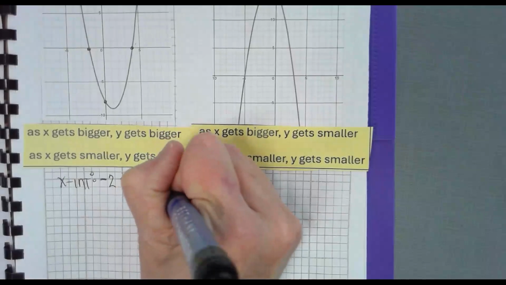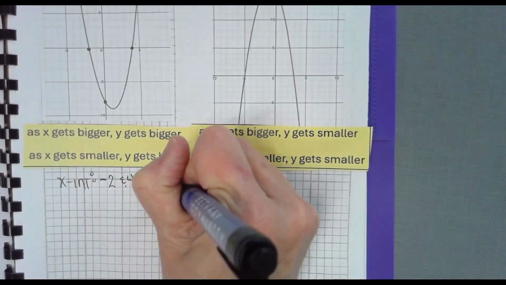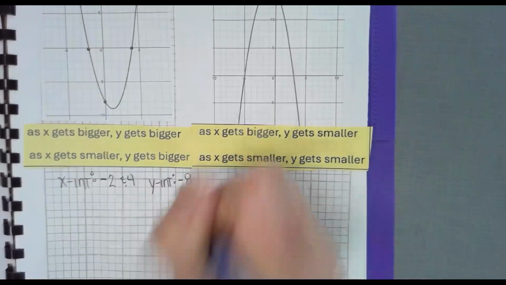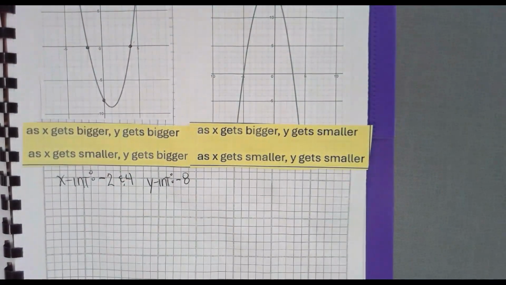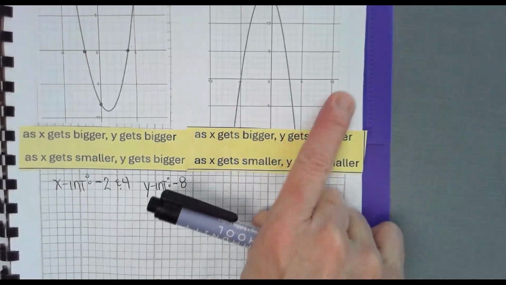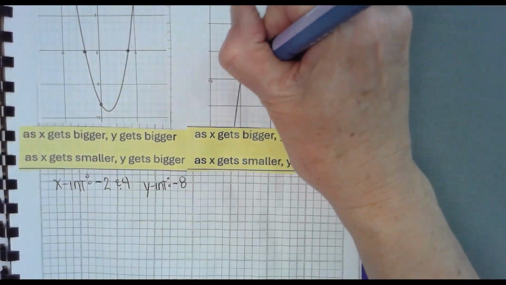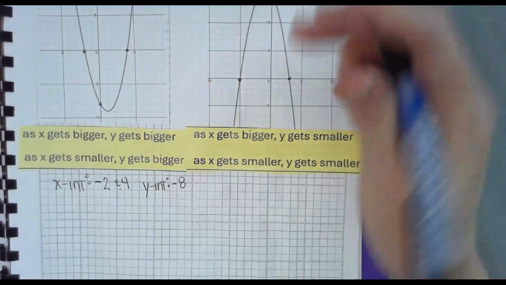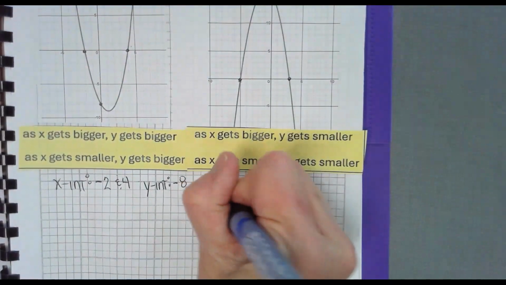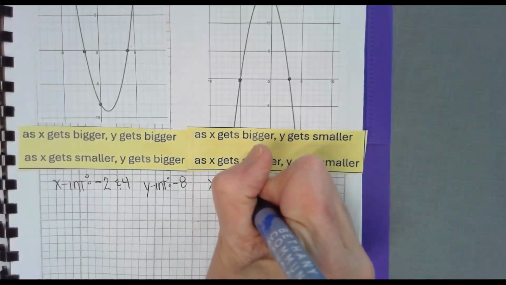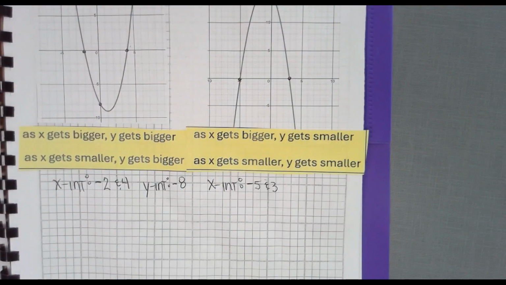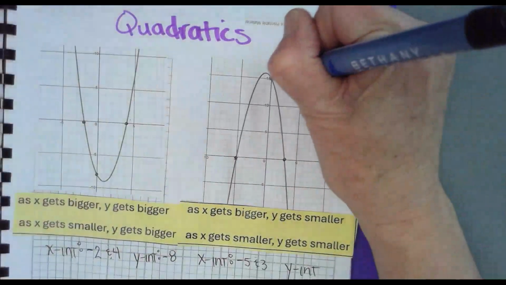Y-intercept is -8. Okay, here, this is my x-axis. I've got 2 x-intercepts. X-intercept here is -5. And my y-intercept is what? Y-intercept's up here. What's my y-intercept?